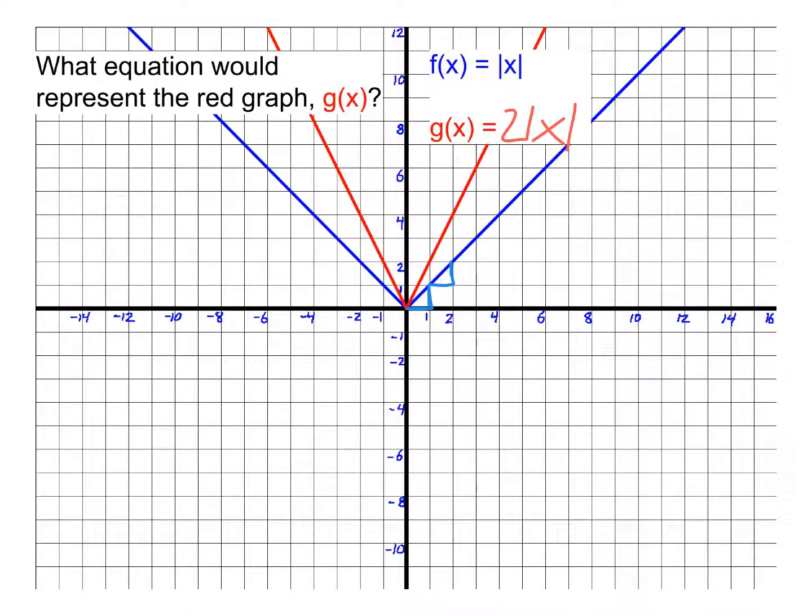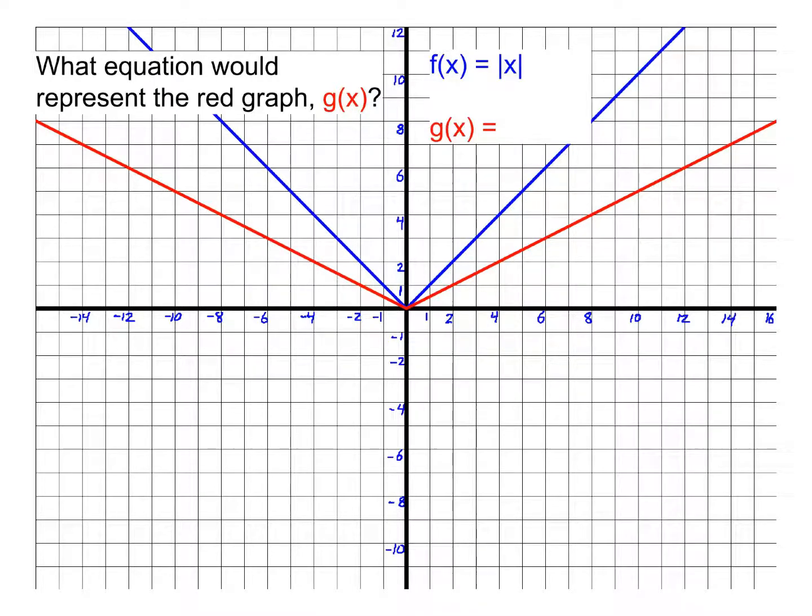In this case, it's going over 1, up 2, over 1, up 2. It's going up twice as far as it normally would go. Another way to describe that is, this one went up 3, and this one's going up 6. It's going up twice as far. Remember, we described that as a vertical stretch by a factor of 2.